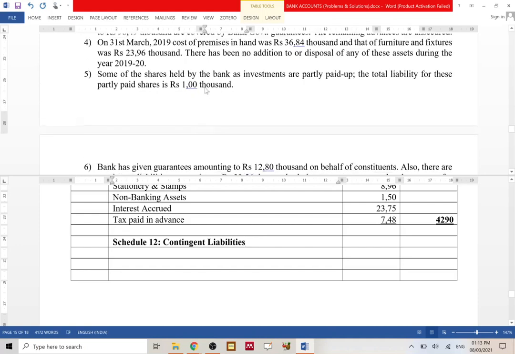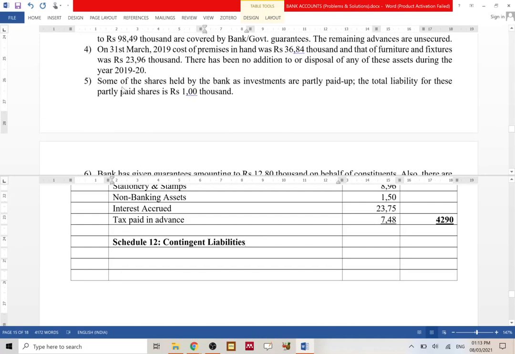Bills for collection is also given to you. There's another thing saying some of the shares held by the bank as investments, they are partly paid up. So the total liability for these partly paid up shares is rupees 100,000. Now this is also a contingent liability, something that may or may not arise for the bank.